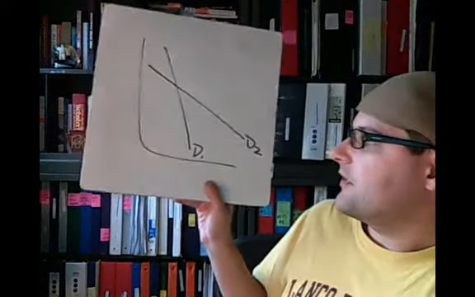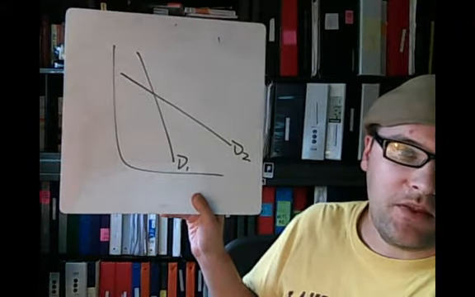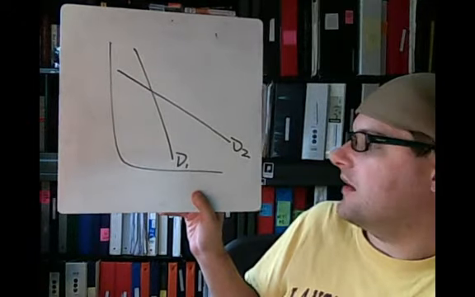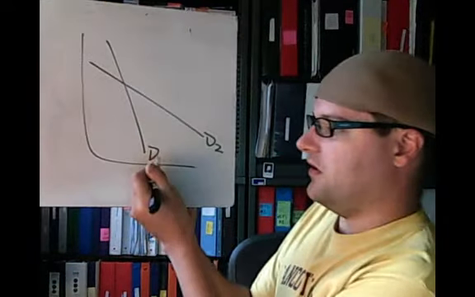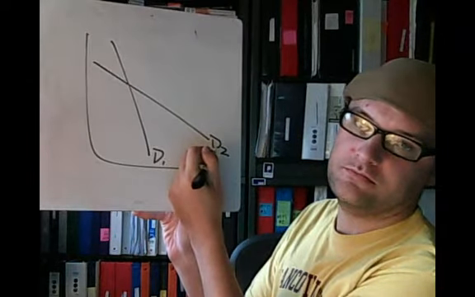In other words, when a graph is steeper relative to another demand function, we can talk about it being more inelastic than the other. In this case, demand 1 is more inelastic than demand curve 2.